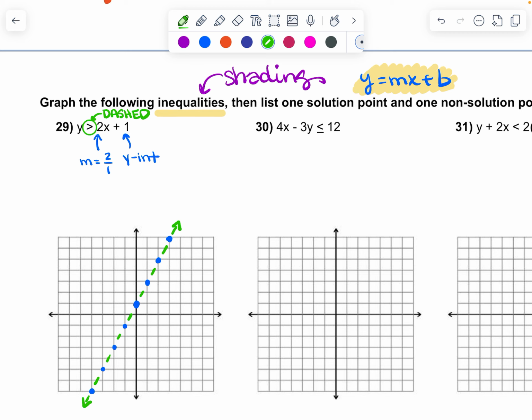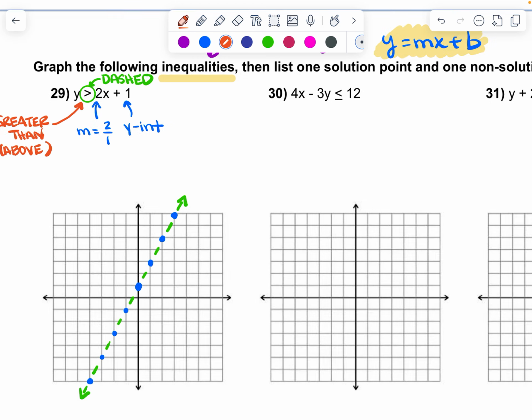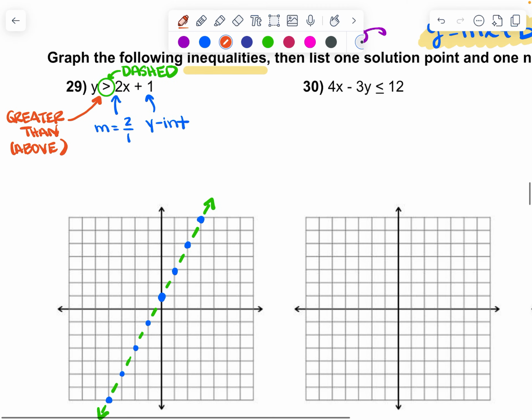Then you have to figure out if you are shading above or below, and that also has to do with the symbol. So this means all my y's are greater than. Just writing some notes here. Greater than means we are going to be shading above the line. Some people might be thinking, which one is above the line?